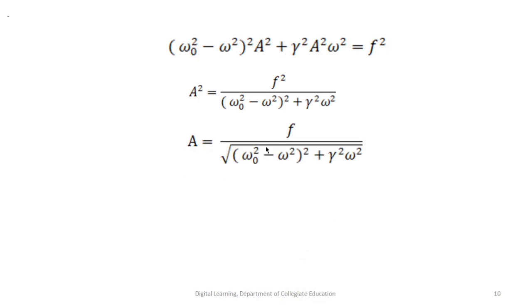Then a will be equal to f divided by the square root of omega naught square minus omega square whole square plus nu square omega square. Call this equation 13, and this derivation will be continued. So here a is the amplitude of the force or magnitude of the force.